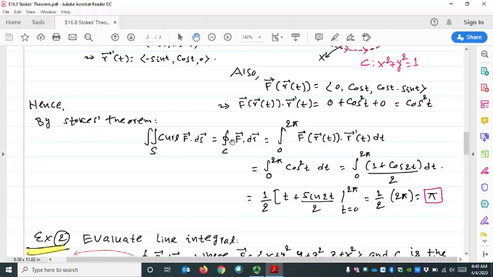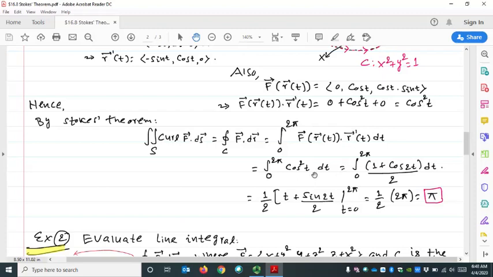So put limits 0 to 2 pi for this integral, and then this equals, by definition, F of r(t) dot r prime t dt. We computed here F of r(t) dot r prime t, which is cosine square t dt.